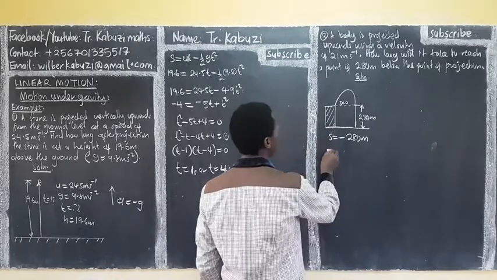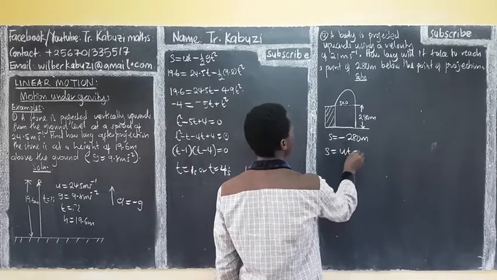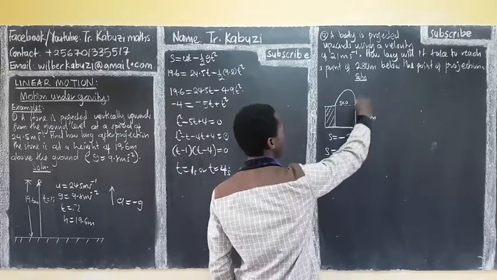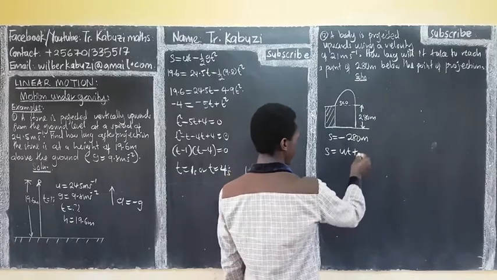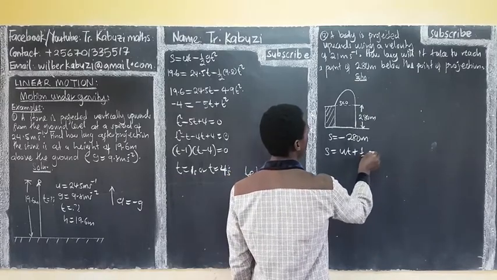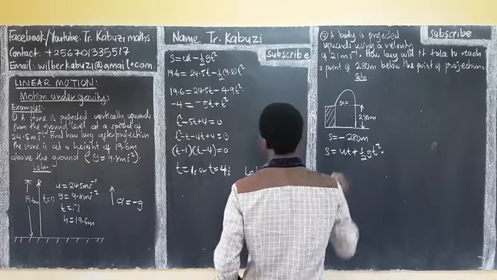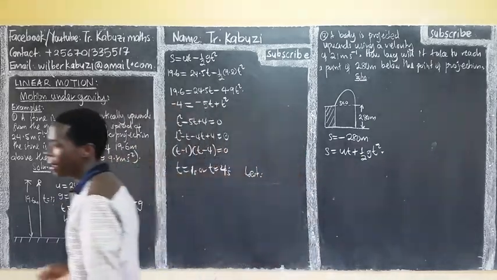Okay, so now from here, I know that our S is equal to ut plus, now it's going downwards, so it's going to be plus a half gt squared. So from there, you get your calculator.